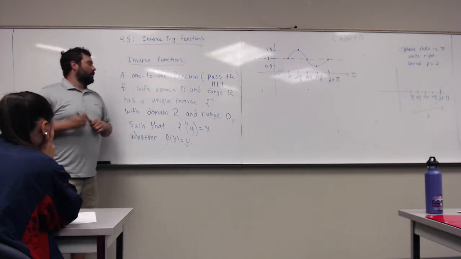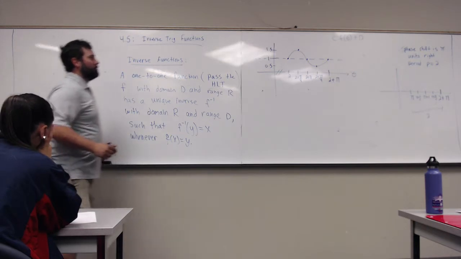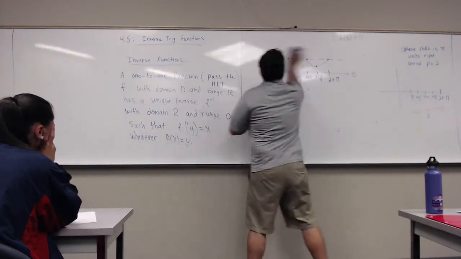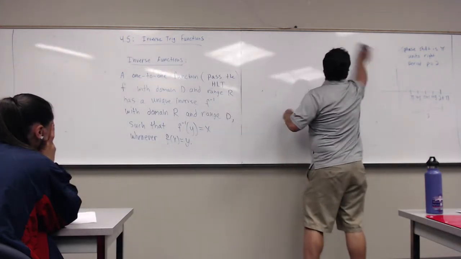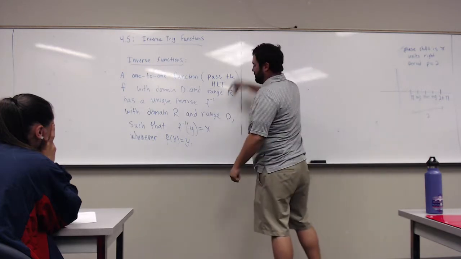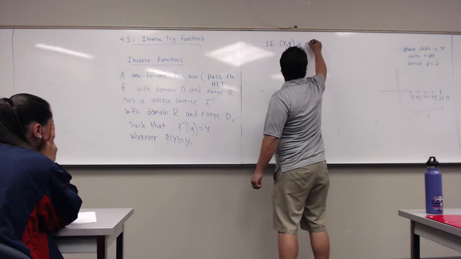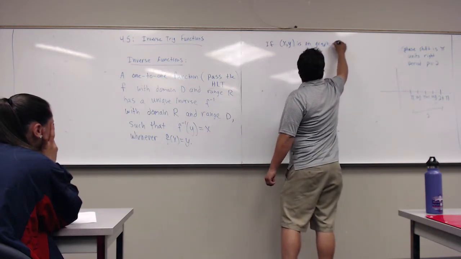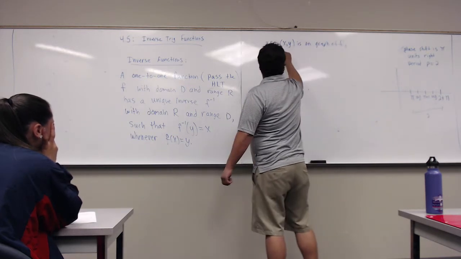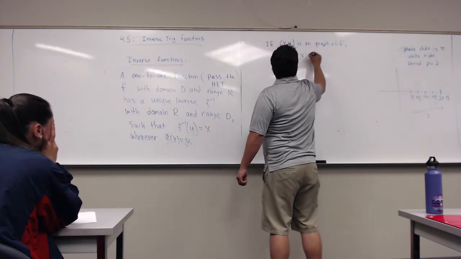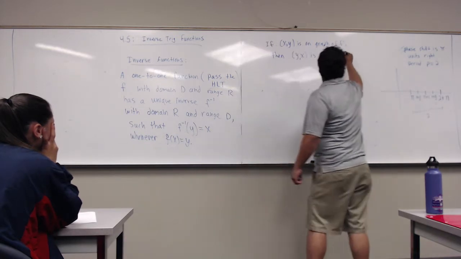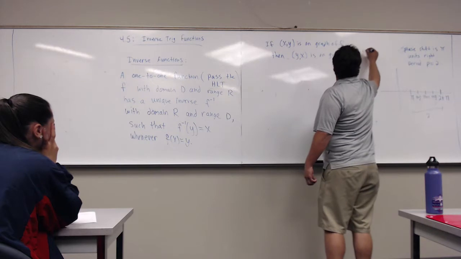Okay. A little note, this last part also says, okay, so that's the same thing as saying if x,y is on the graph of f, then y comma x is on the graph of f inverse.